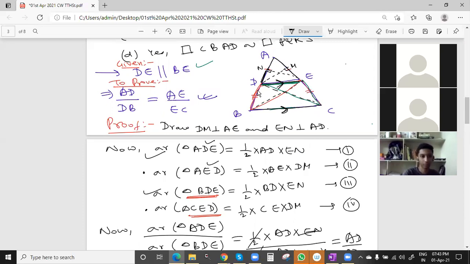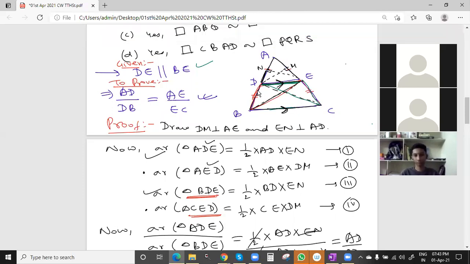First thing. Second thing, they have the same base DE. For BDE the base is DE, and for CED again the base is DE. So we have the concept: the area of triangles on the same base and between the same parallel lines will be equal. So these two triangles, BDE and CED, will have equal area.